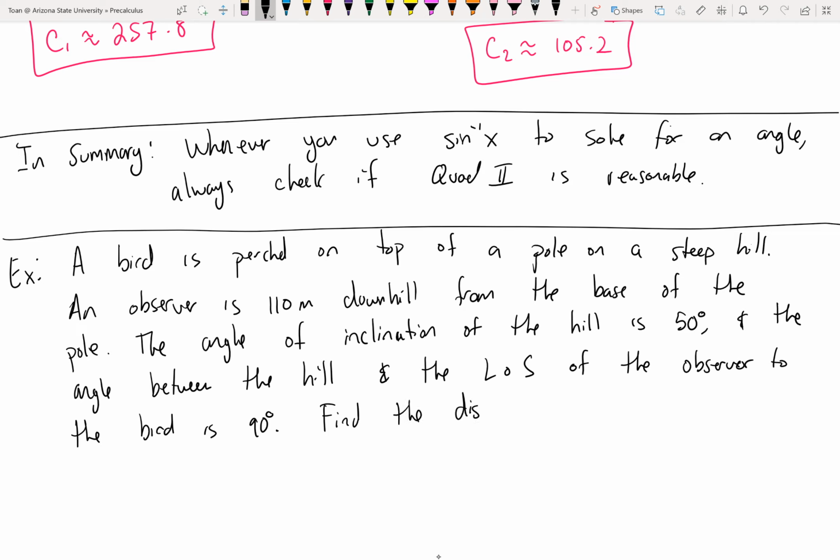Find the distance from the observer to the bird.